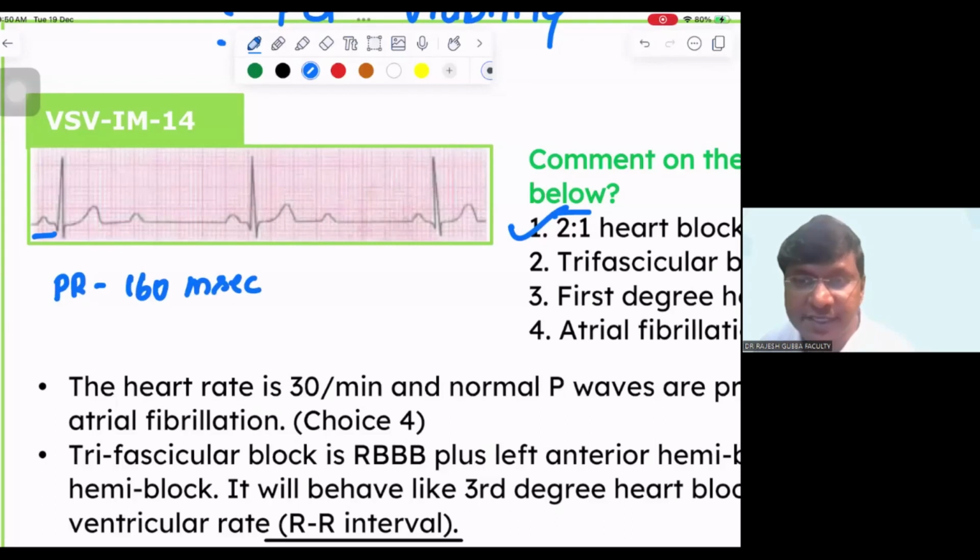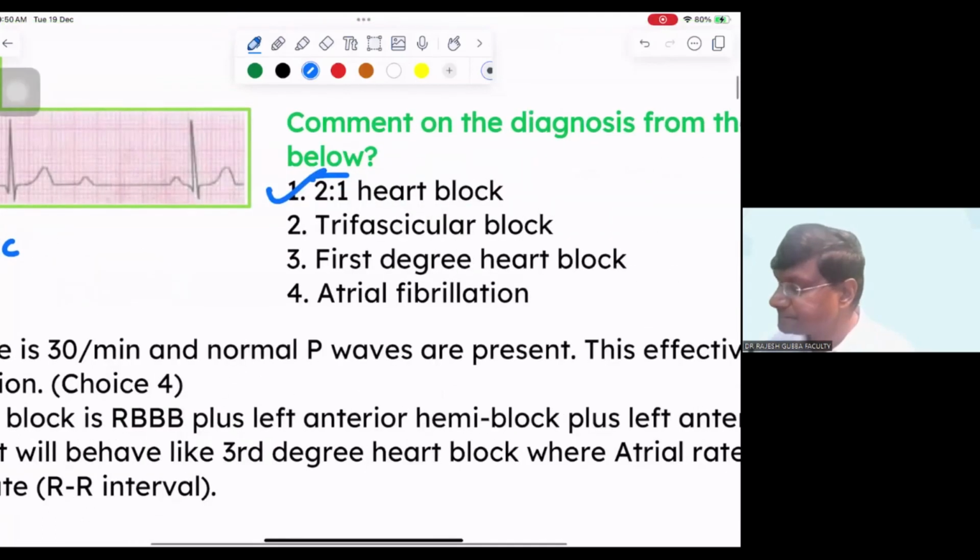So it is not first degree heart block at all. Then it is not atrial fibrillation because you have the presence of P waves. And it is not trifascicular block as well, which is block within the right bundle branch, left anterior fascicle, and left posterior fascicle.